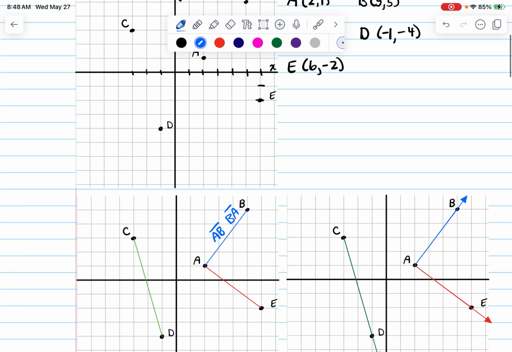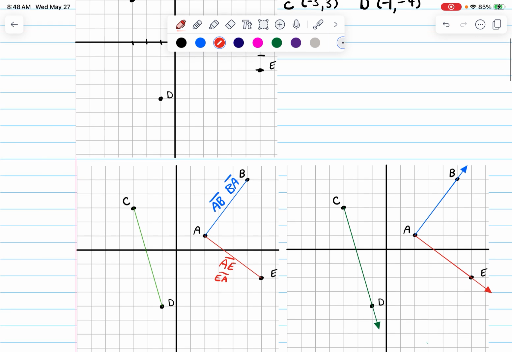Now, down here you've got AE, little line above it, or you could say EA, little line above it. It really doesn't matter on these because there's not a direction. Now, over here, you've got CD or DC.